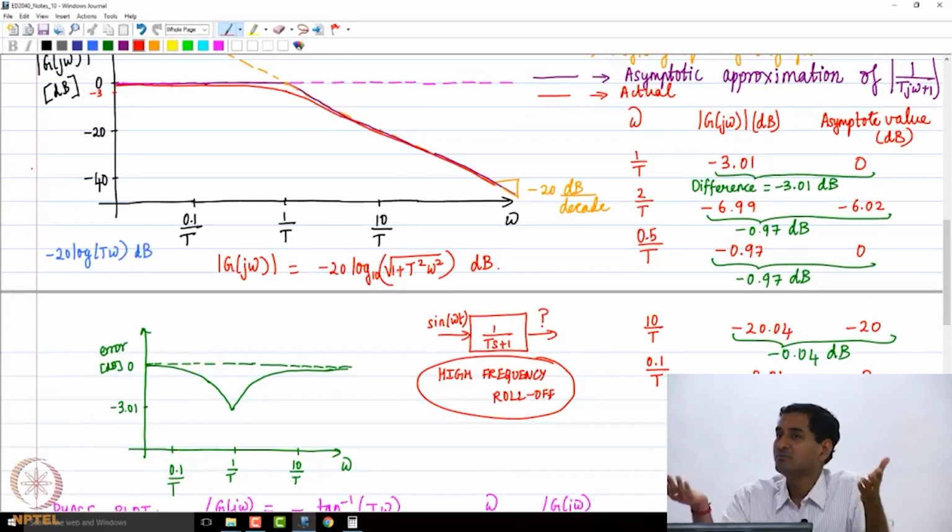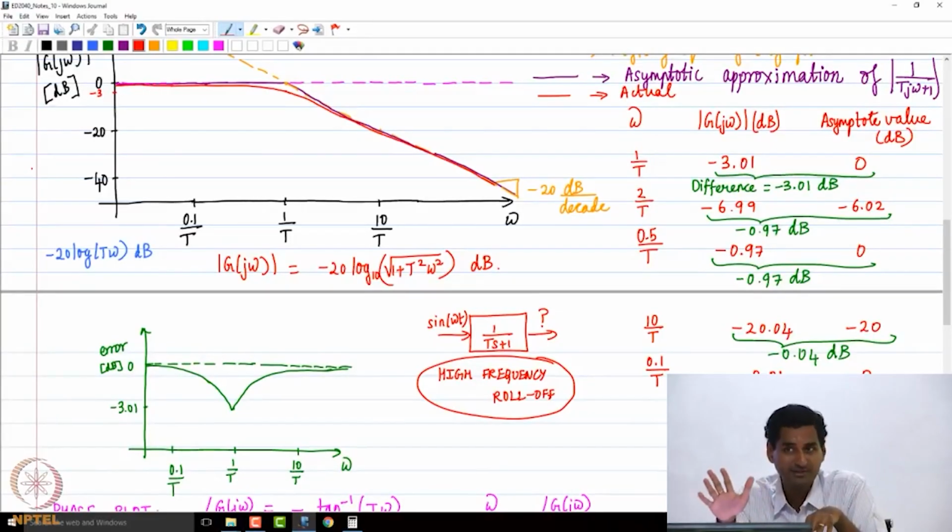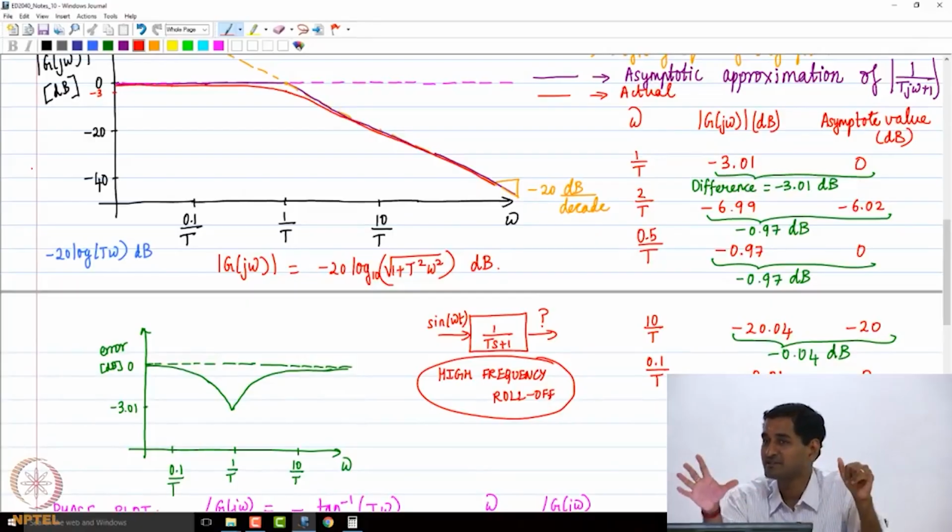So if you map this term to the transfer function of, let's say, a sensor or an actuator, which you model in practice using this first order term, which is very common by the way, if you give me the transfer function, I can immediately tell you the bandwidth. Let's say I give you a transfer function for an actuator as 1 by 0.1 s plus 1.